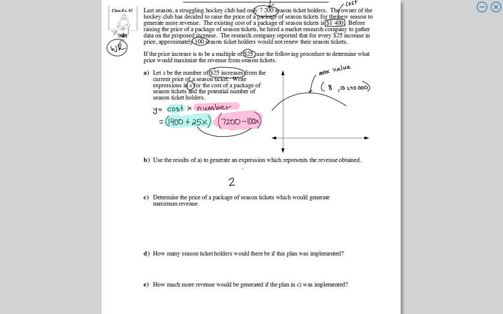Okay, so we used zoom fit. I would just jot that in. And then it says determine the price of a package of season tickets which would generate the maximum revenue. So we found that when X was 8, Y was this, 10,240,000.